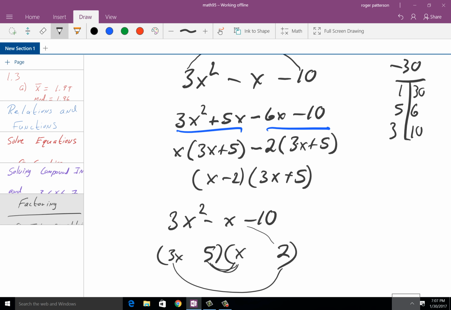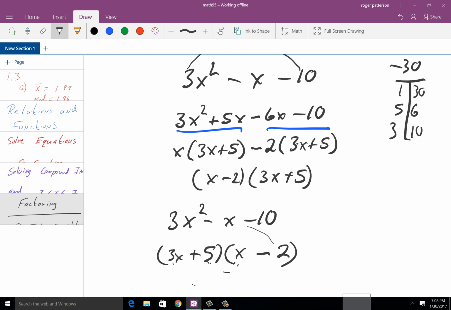So those are the ones I want, because 6 minus 5 gives me the 1 I need. So I want the 5 to be positive, and I want that to be negative. There we go. Hey, that's just what I got up top. Okay. So there are 2 ways of doing those.